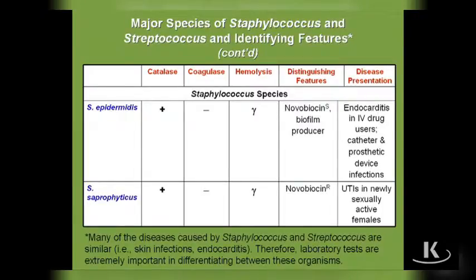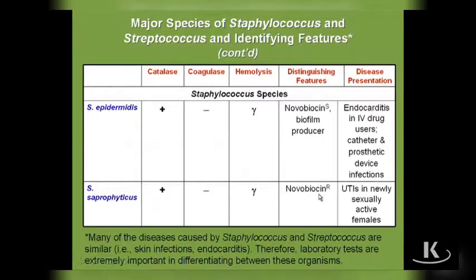Now, because epi and saprophyticus are both gamma hemolytic, one of the ways that the USMLE might ask you to differentiate between them is based on antibiotic sensitivity, where epidermidis is sensitive to the antibiotic novobiocin, and saprophyticus is resistant to novobiocin.